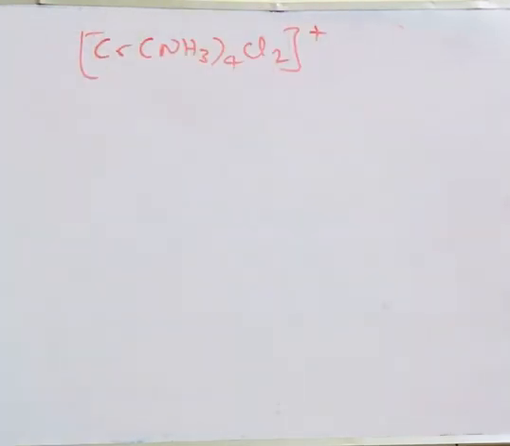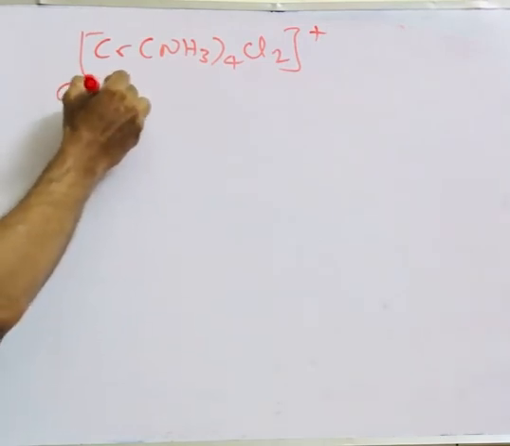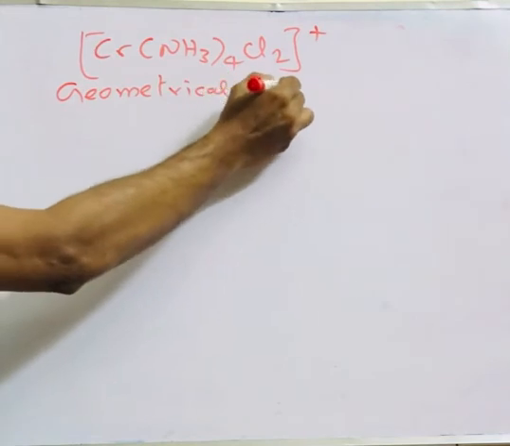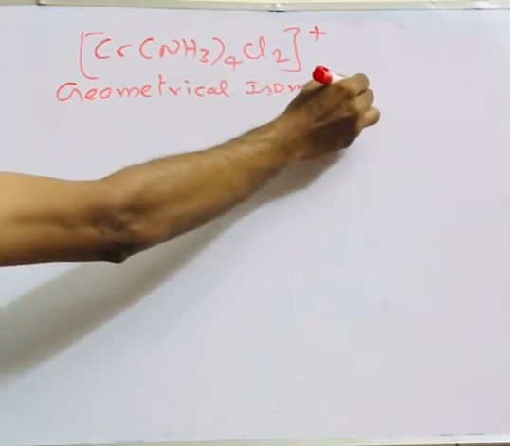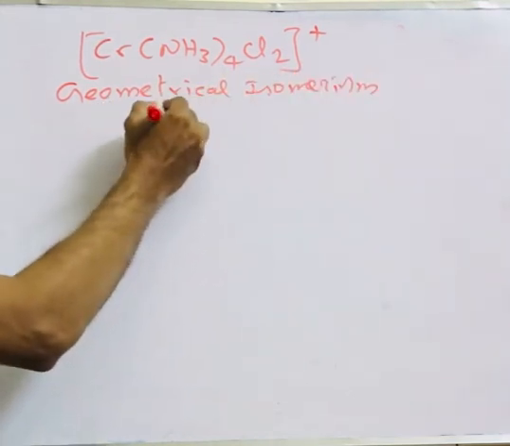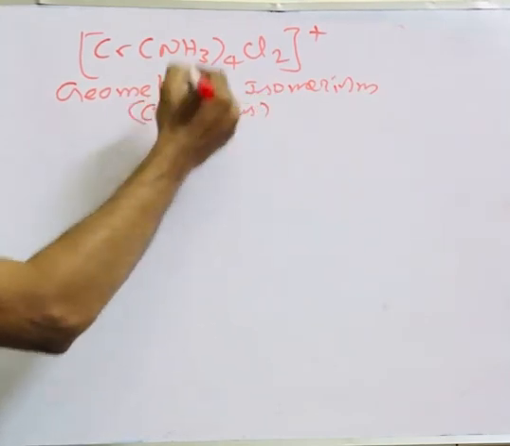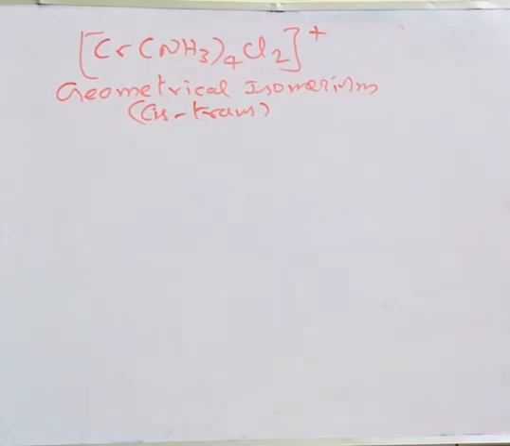This is the compound which undergoes geometrical isomerism, cis-trans isomerism particularly. So we need to write both cis and trans forms.